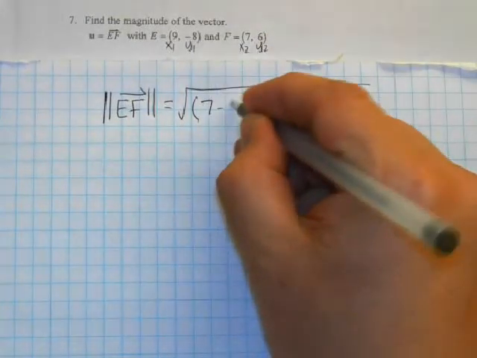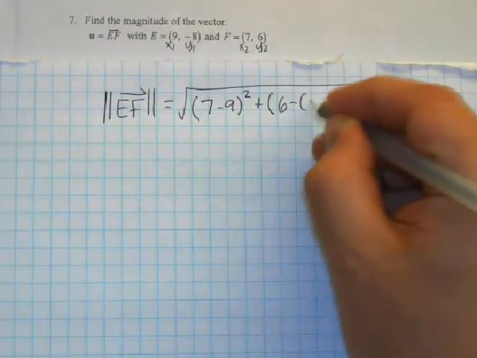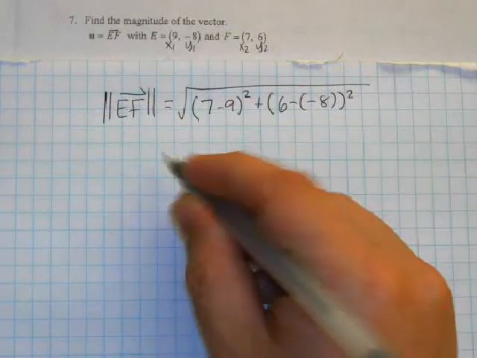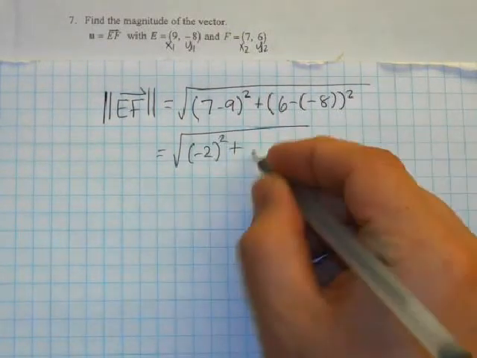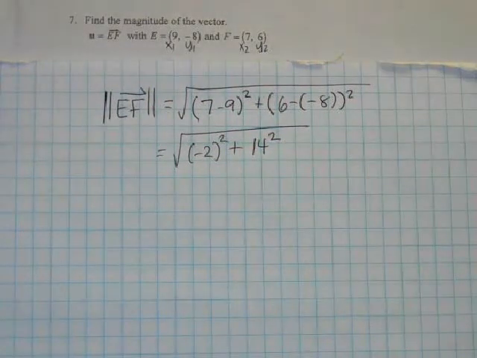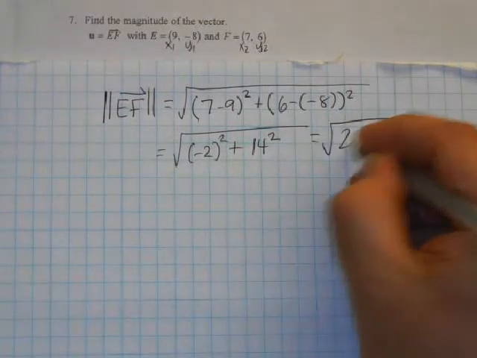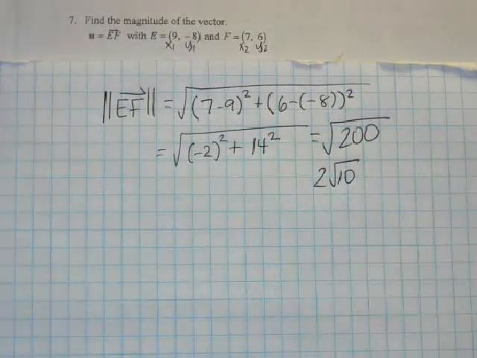So we get 7 minus 9 squared plus 6 minus negative 8 squared. And we get 200 inside the radical, which is 2 radical 10.